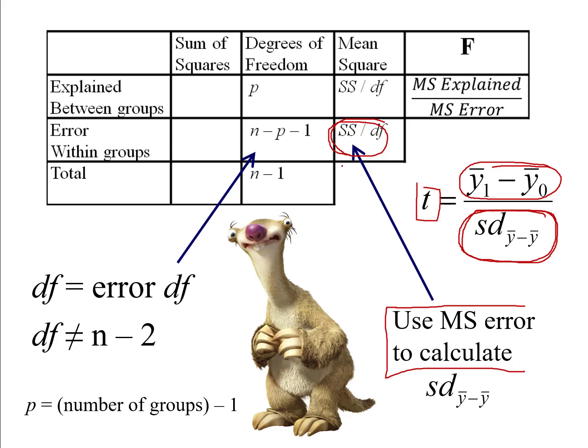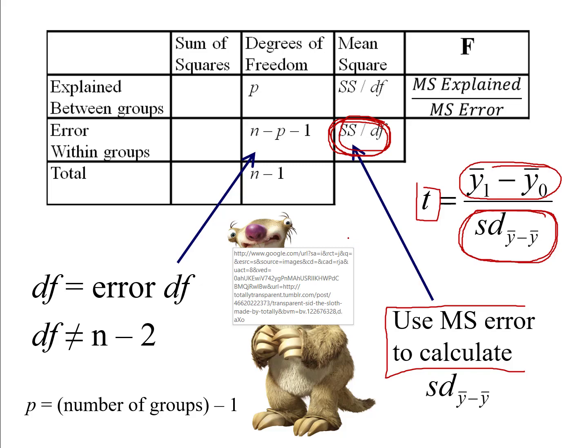So instead of using a pooled variance for just two groups, we're going to use this mean squared error, because that's the pooled variance across all the groups, and presumably that will give us a more accurate estimate of the pooled variance than if we just used two groups. So let's see exactly how we would do that.